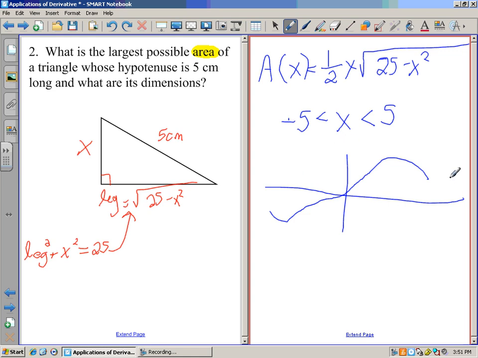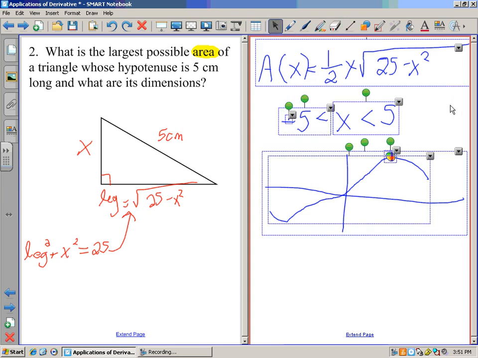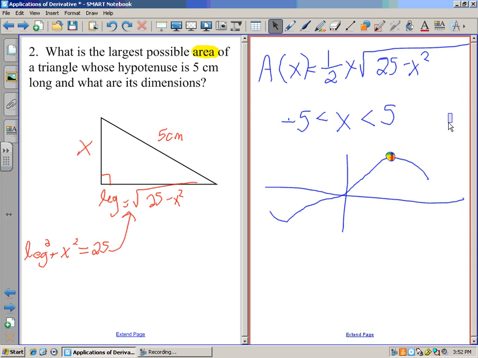Hopefully you have a better drawing on your own paper. Again, tough to do with the computer tablet. So we can say that if this is the area, it's going to be maximized here because it's the high point. So I'm trying to find the place where I will maximize this area. So I'm going to find this particular point.